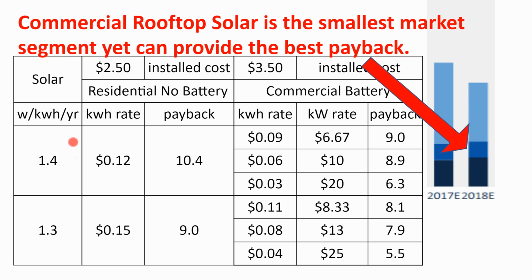Let's say you live in a state such as Iowa. So Iowa has net metering. So let's assume they're getting 12 cents a kilowatt hour for their electricity. Iowa has pretty good sunlight. So let's assume they're getting 1.4 kilowatt hours per watt per year.